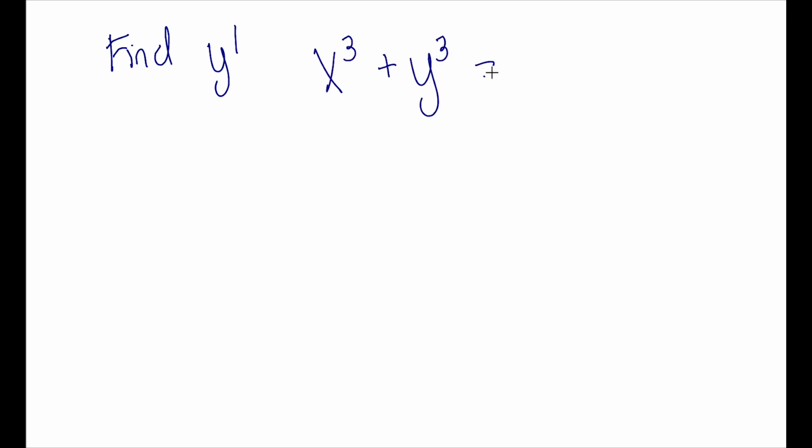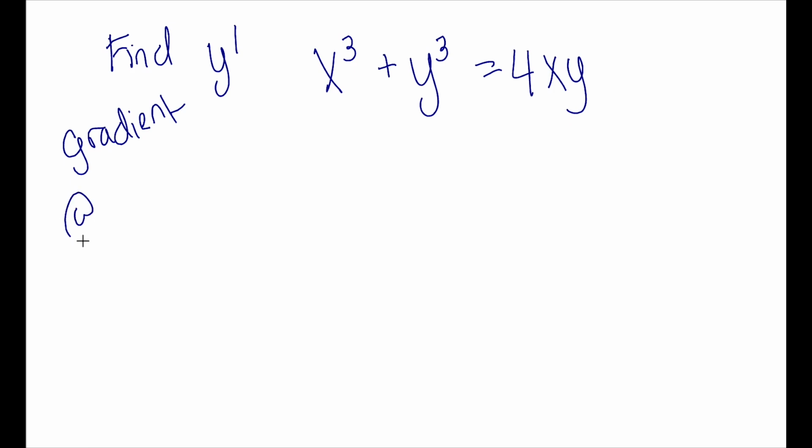So one of the longer questions would say, find the slope or the derivative for x cubed plus y cubed equals 4xy, and we want the gradient of this equation at (2, 2). So on the left hand side, this is an x, so 3x squared.